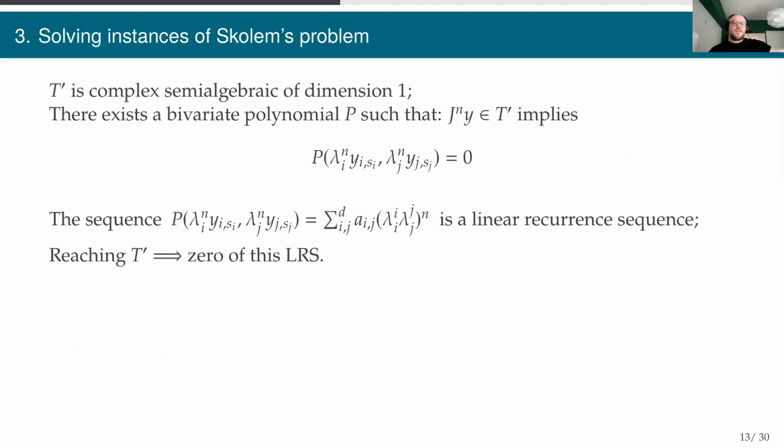But now if you look at this polynomial, just plug in n there, you can express it as an exponential polynomial in closed form. And by known techniques, this is a linear recurrence sequence over algebraic entries. And now reaching T prime means that you have a 0 of this LRS, and recall that we want to know if we ever hit T prime.